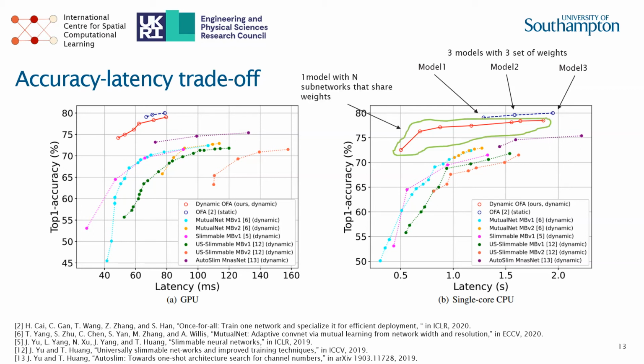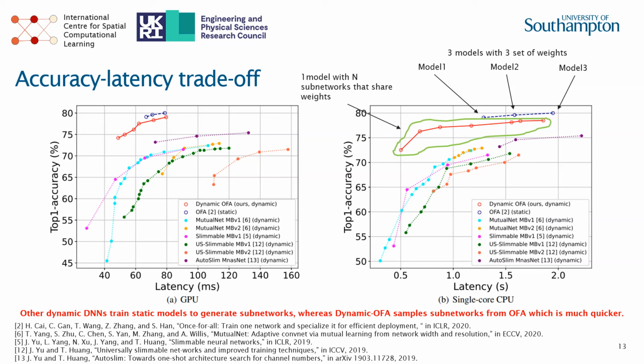But in our case, because we use one model that has many subnetworks sharing the weights, it's not easy to fine-tune them. But we do have the advantage of memory footprint, because we only need to store one set of weights. All the models for CPU, for GPU, and if we have other accelerators, they are all sharing one backbone, one set of weights. They just need different masks for different subnetworks.